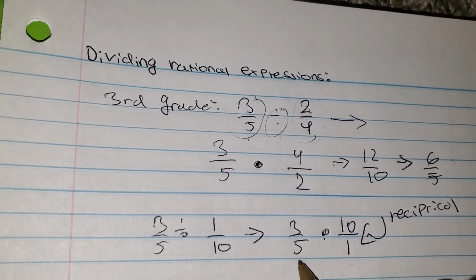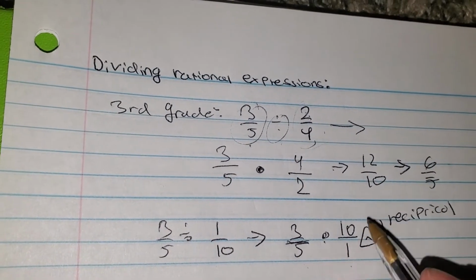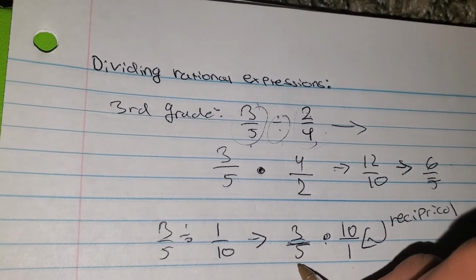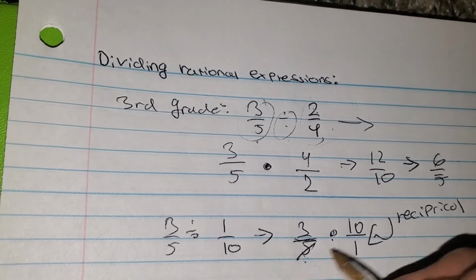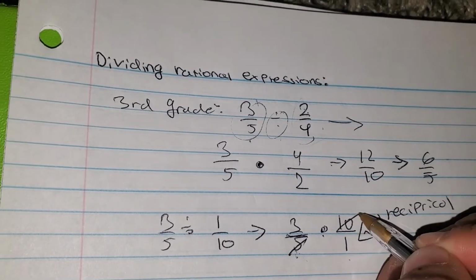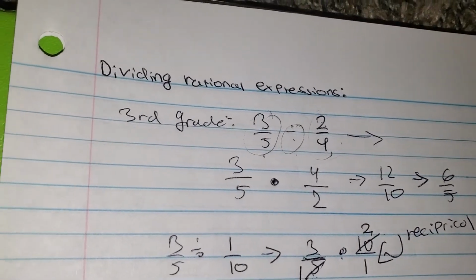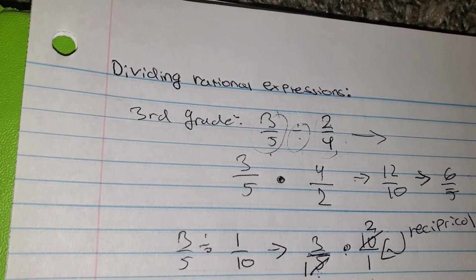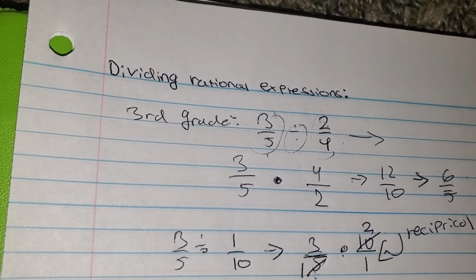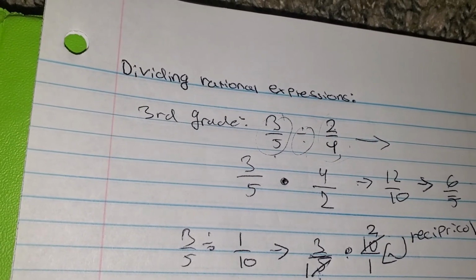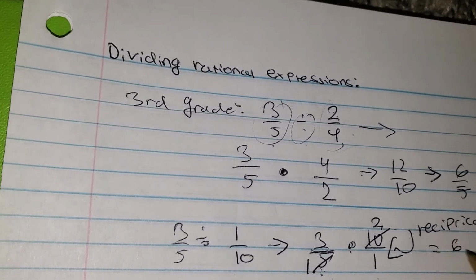So 3 over 5 times 10 over 1, and we said in the last video, any factors that they have in common, so 5 and 10 have a 5 in common. This 5 becomes 1, and this 10 becomes a 2. That comes from dividing 5 by 5 and 10 divided by 5, and there's just a factor of 2 left over, and essentially this becomes 6.